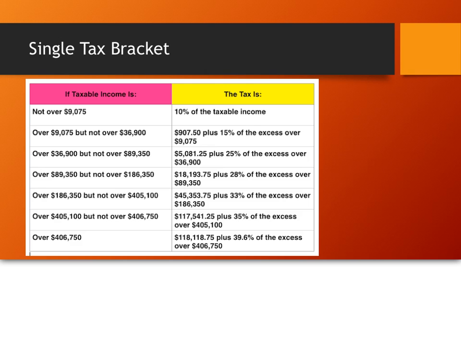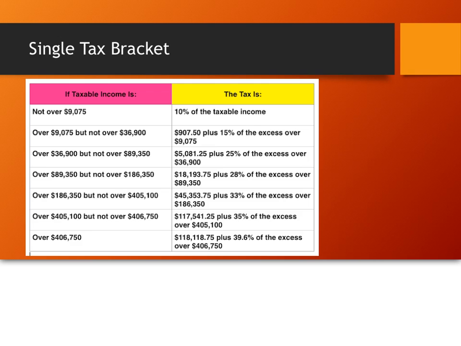And 15% is applied from anywhere from 9,000 to 36,900. After 36,900, well, your first 9,000 got taxed at 10%. From 9,000 to 36,900 got taxed at 15%. That totals up to $5,081.25. And then anything over that 36,900 is taxed at 25%. So you can see here that it's not a standard multiplier. I mean, there's multipliers in each of these tax brackets.